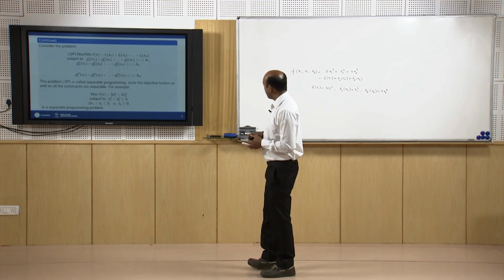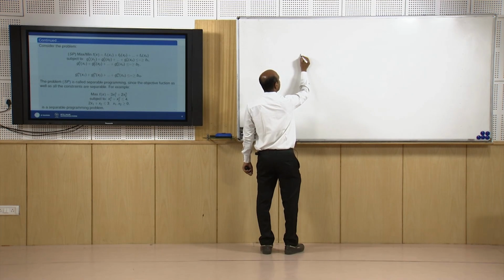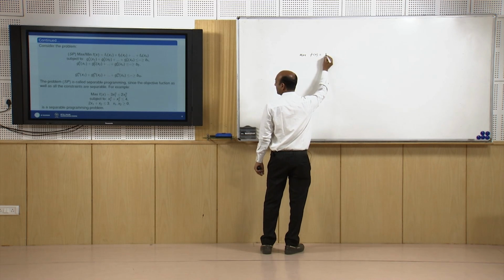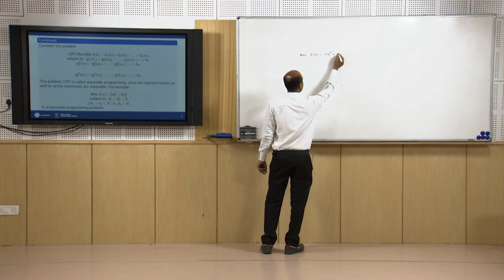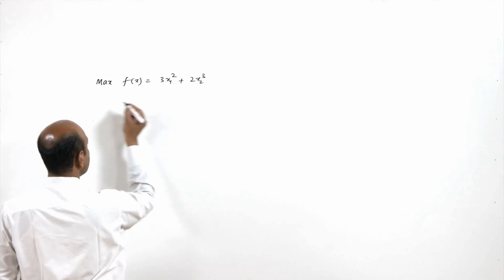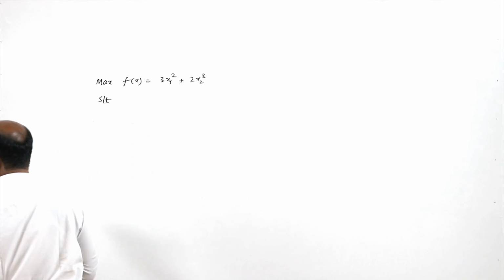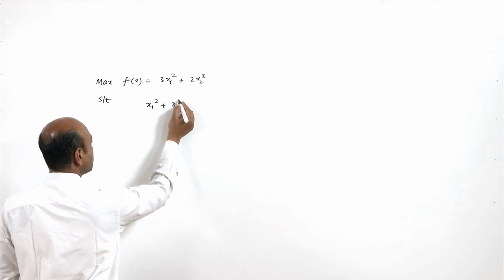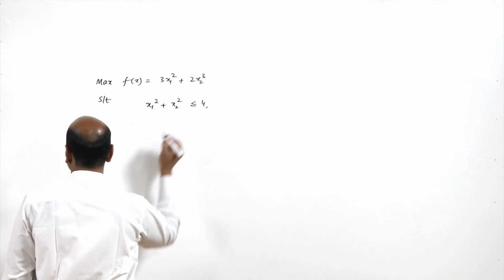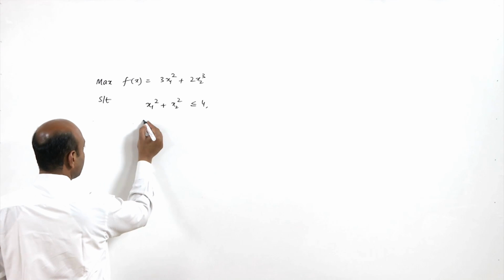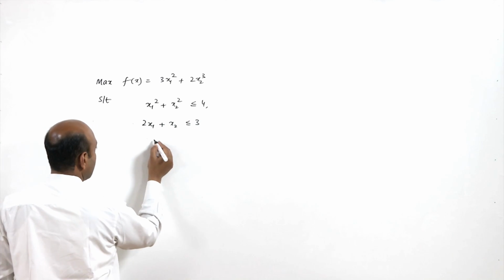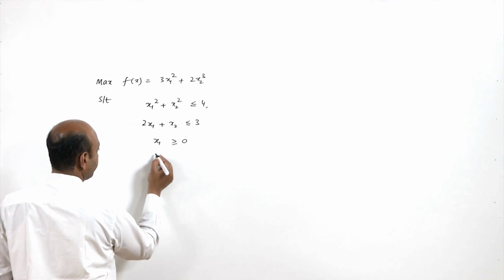Now for example, we have this problem: maximize f(x) equals 3x1 square plus 2x2 cube, subject to the first constraint x1 square plus x2 square less than or equal to 4. The second constraint is 2x1 plus x2 less than or equal to 3, and x1, x2 non-negative.